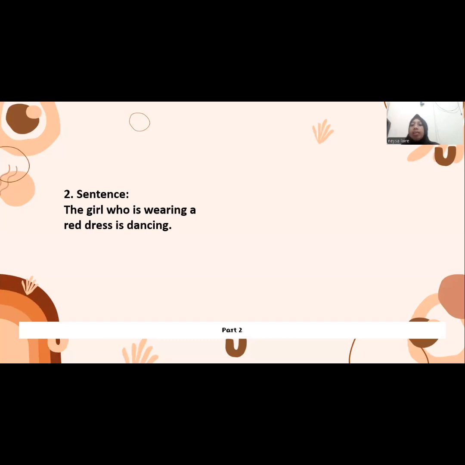Analysis. The sentence contains a defining relative clause, who is wearing a red dress, which modifies the noun girl within the subject noun phrase. The main clause is the girl is dancing. The verb is dancing is in the present continuous tense. The relative clause gives essential information that identifies which girl is being referred to.